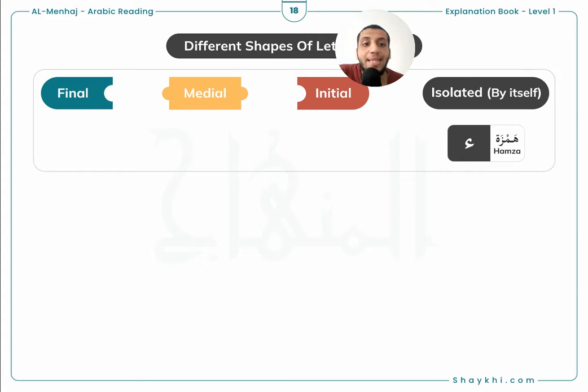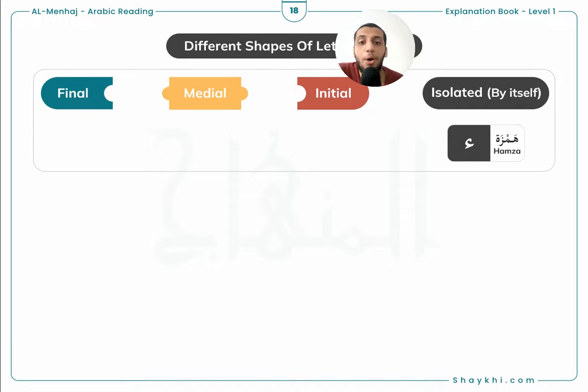This is the main shape of the letter Hamza when it comes by itself. What does the main shape do when it comes by itself? Wait, we will discover inshallah in this episode.